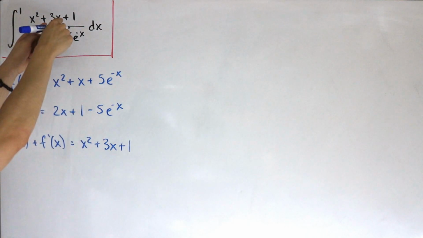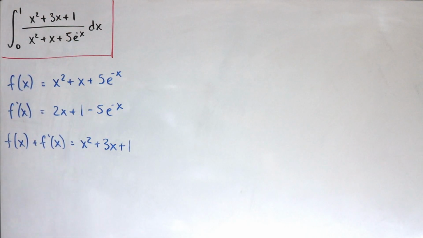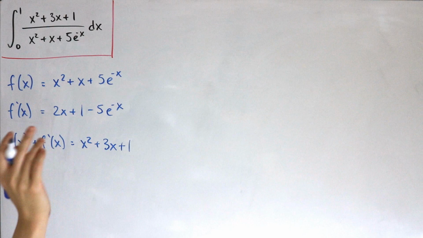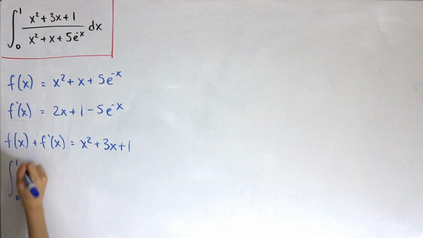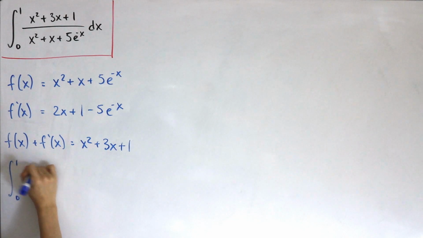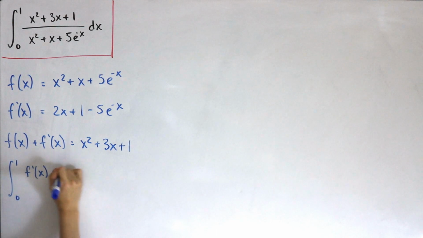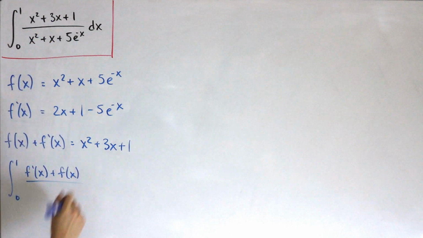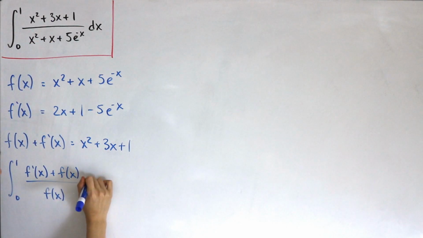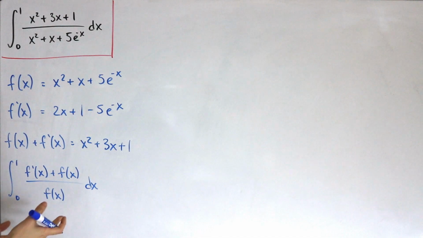We just have the numerator over here. So in all, with this substitution, I now have the definite integral from 0 to 1 of (f prime of x plus f of x) divided by f of x dx.